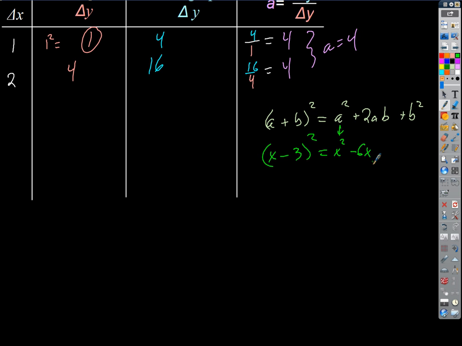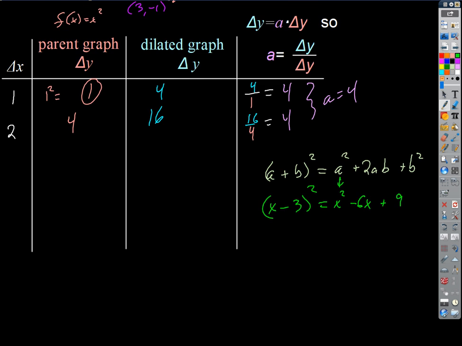Does that make sense? And then plus b squared. What's negative 3 squared? 9. There you go, so that's what we get following our pattern.